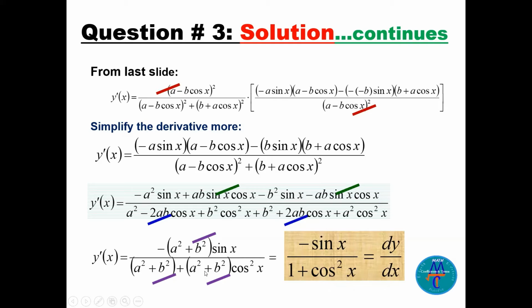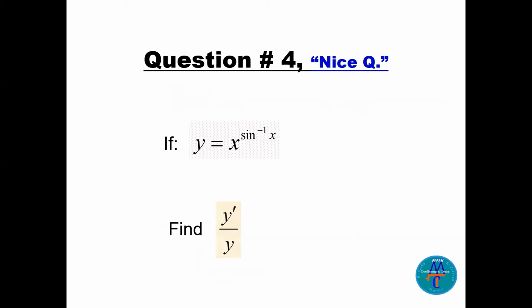Or you can take common factor a squared plus b squared from the denominator, then you can cancel. So what's left? The derivative minus sine of x divided by 1 plus cosine squared of x. There is no a and there is no b in the derivative of this nice function.